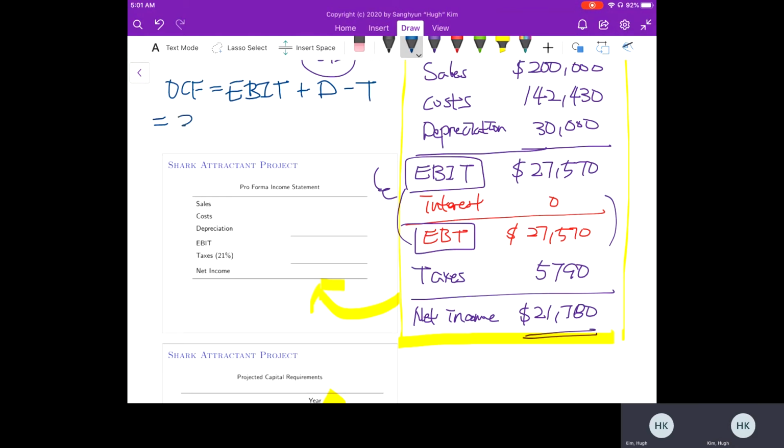So EBIT is 27,570, plus depreciation of 30,000, minus taxes of 5,790. So that is equal to 51,780. So that is our operating cash flow.